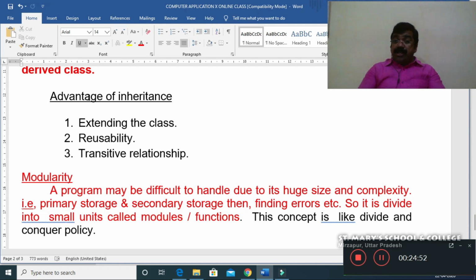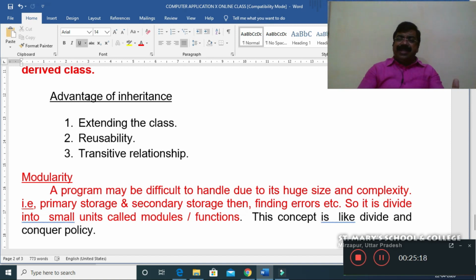The one made by the grandfather is existing, your father's one is existing, and above that you are making your floor. First point, extension is done. Reusability is done. What was made by the grandfather and by your father are reused by you. And third one, transitive relationship.